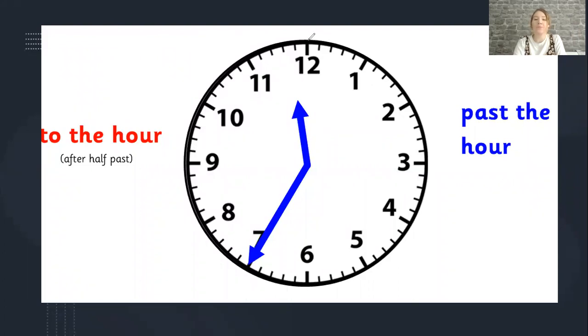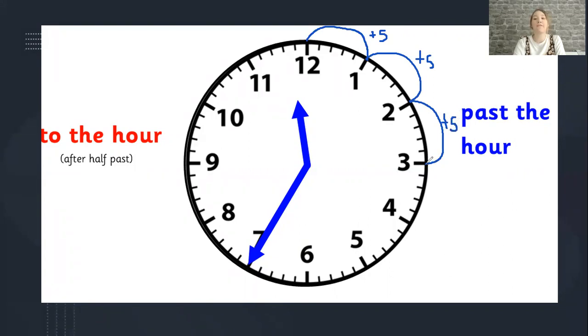So we've got o'clock to 5 past, which is plus 5 minutes. 5 past to 10 past, again, you add 5 minutes. 10 past to quarter past is add 5 minutes again.